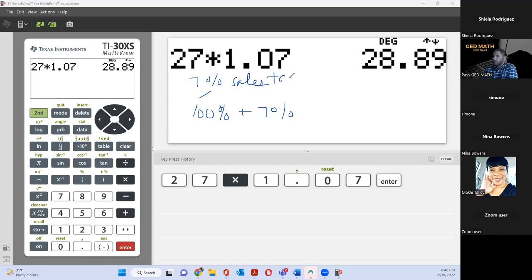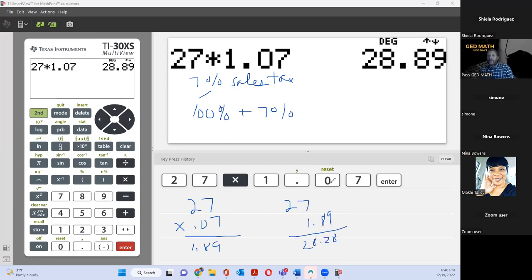Yeah, the sales tax. What most instructors or adult educators do is tell you to take the part. So they tell you to take the 27 and multiply by 0.07. Then you get your answer, which is 1.89. And then you take the 27 and add the 1.89 and you get 28.89.